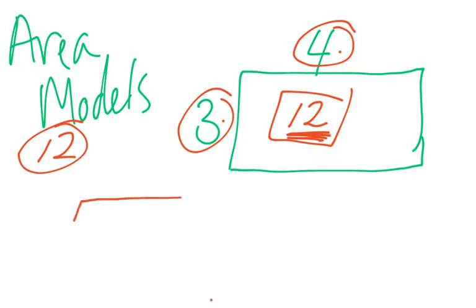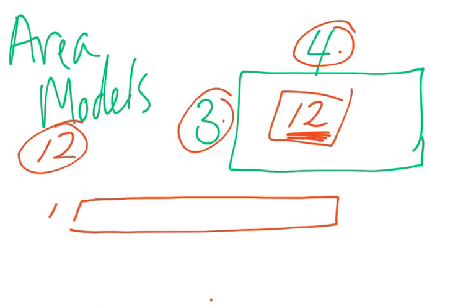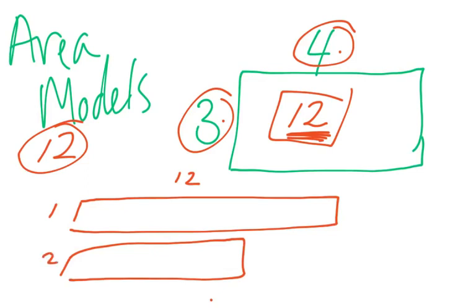I could have an area model of 1 by 12. I could also have another area model of 2 by 6, because ultimately the area of each of these rectangles is 12. Now, I wouldn't go ahead and draw myself another 4 by 3 because that wouldn't be a distinct area model.